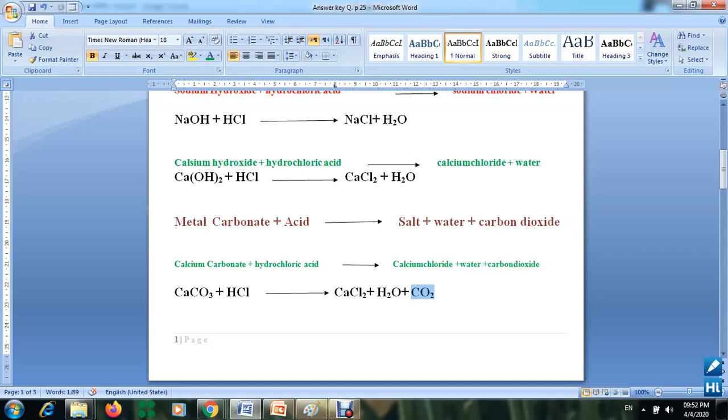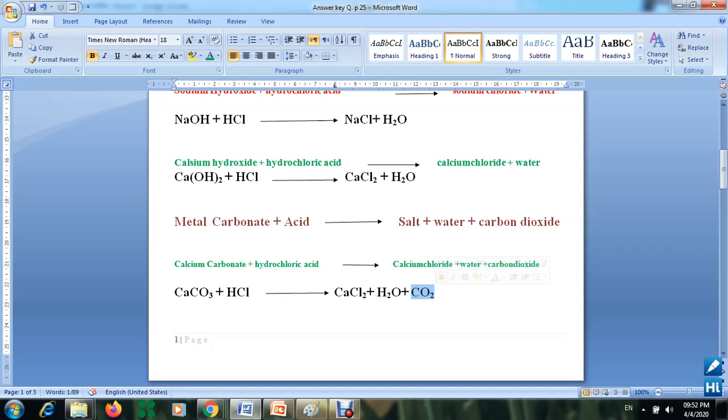So if you have any metal carbonate with acid, they will form 3 products, not 2. It's also a neutralization reaction, but here 3 products are formed. The third product is carbon dioxide. You will see bubbles or hear a fizzing sound from the carbon dioxide.